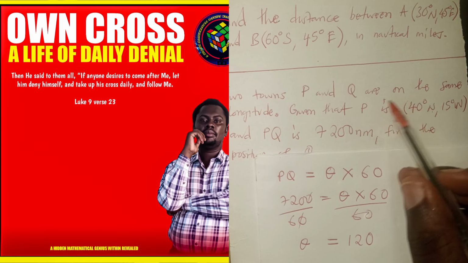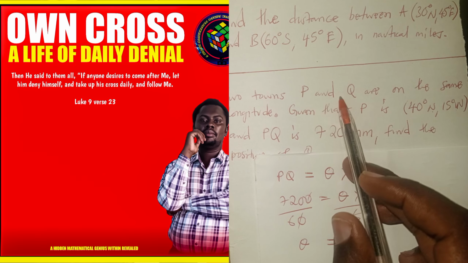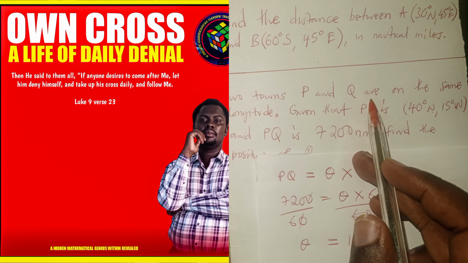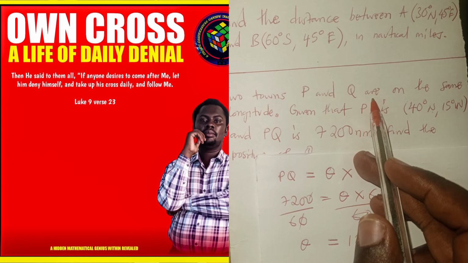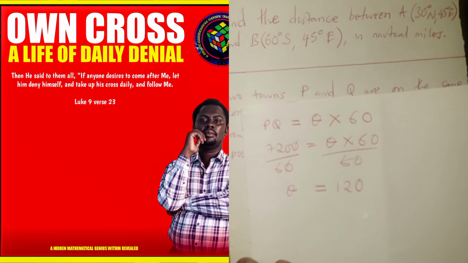If this is 60 and this is 120, then the difference was added, which means these two points lie in different directions in latitude.